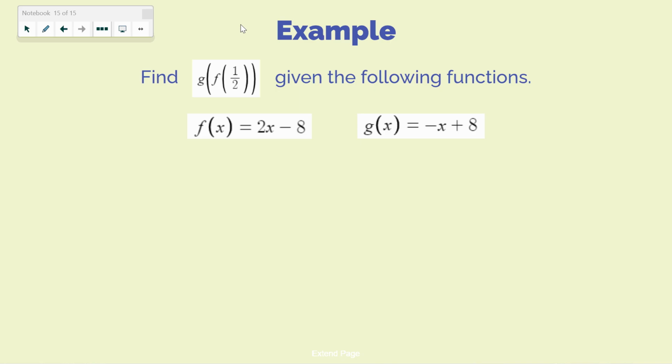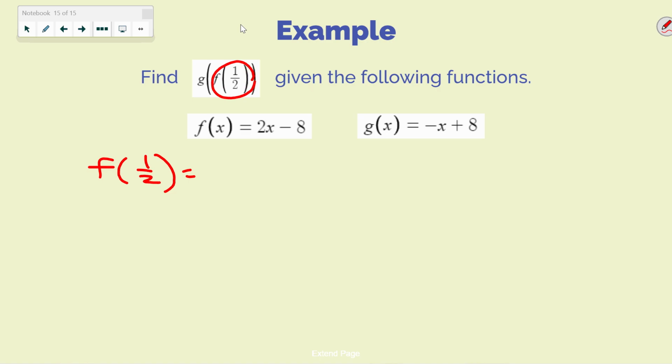So our first example wants us to find g of f of 1/2. Like I said, go from the inside out. All the way inside, I have f of 1/2. That's my first step. What did you say during the warm-up?